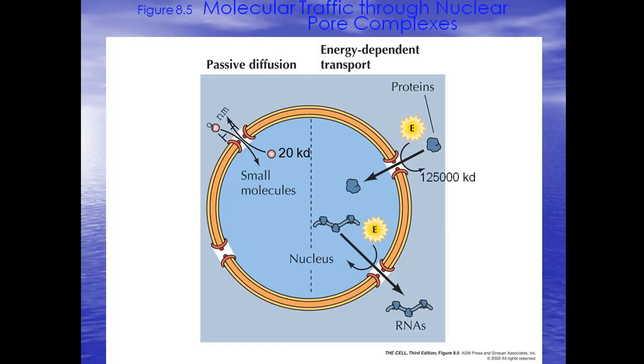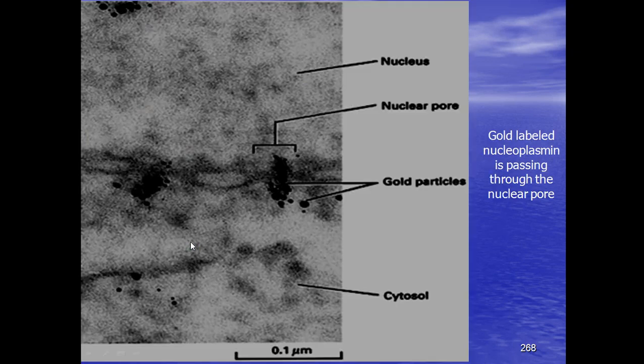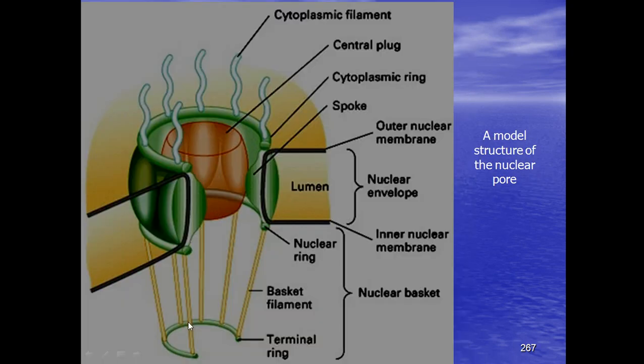Yeah, this is almost octagonal because there are 8 spokes. These are the basket filaments. These are the spokes. See here, there is the outer ring and this is the inner ring. Outer ring and the inner ring. And here you can see these are the 8 spokes.